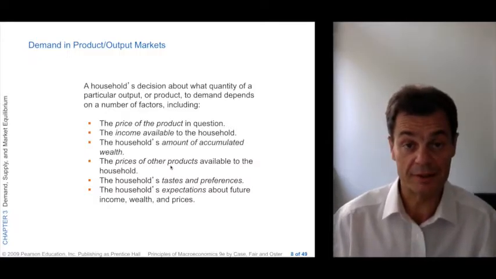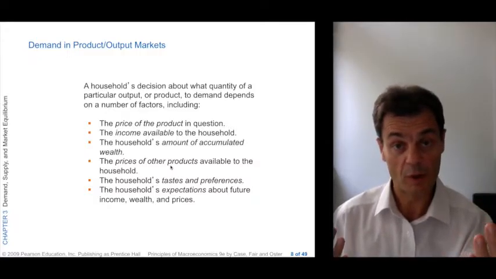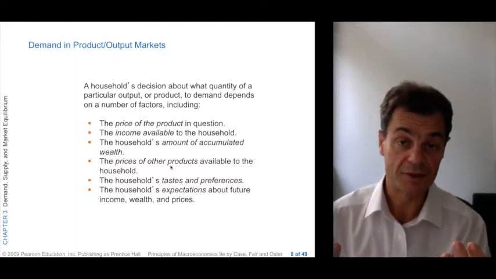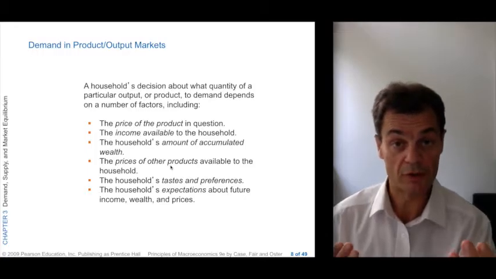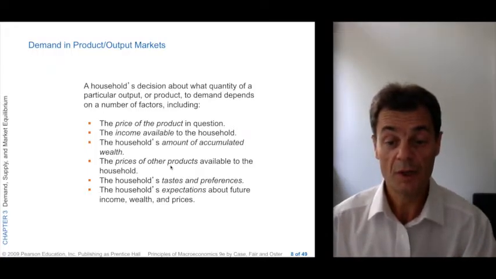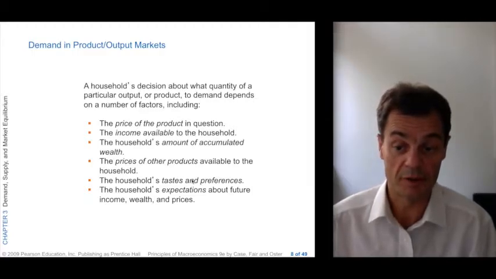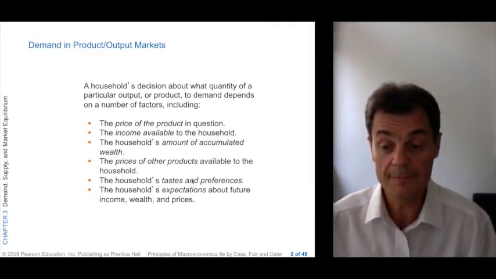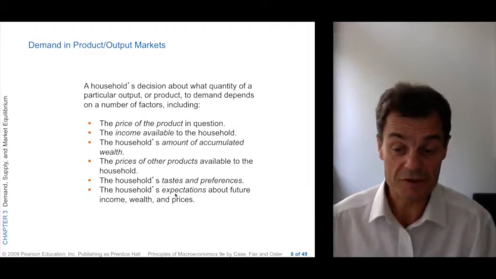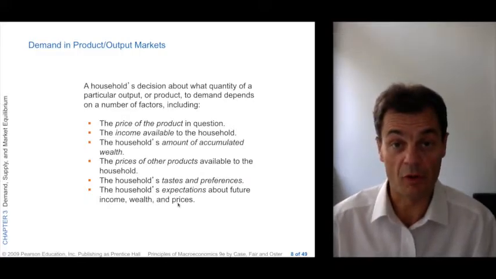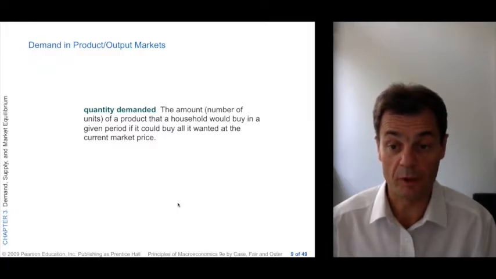If it can buy another product instead of the one it is considering first, then it obviously has an impact on the decision to buy or not to buy the first product. The household's tastes and preferences obviously play a role. You only buy what you like. And there is the household's expectation about future income, wealth and prices. We're going to explore all of these things one by one.